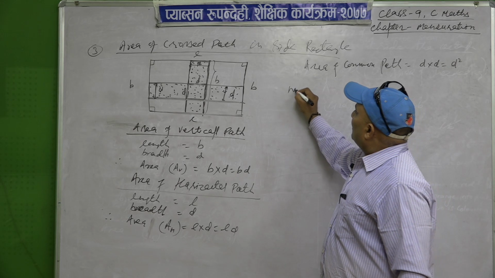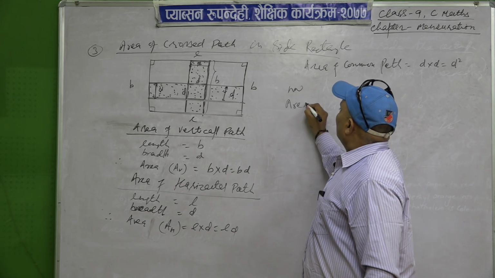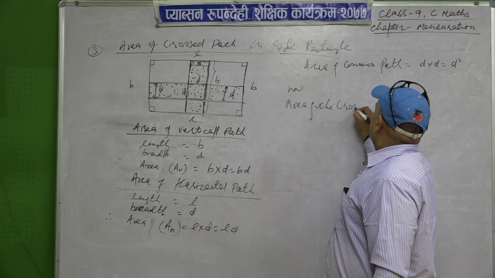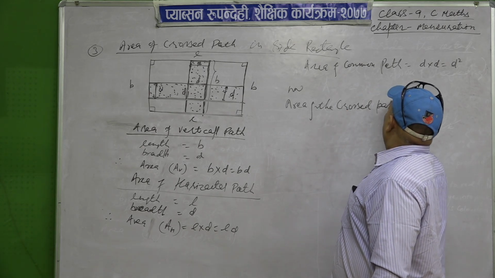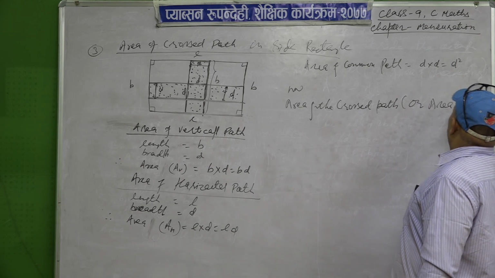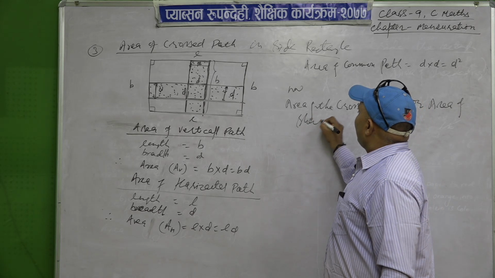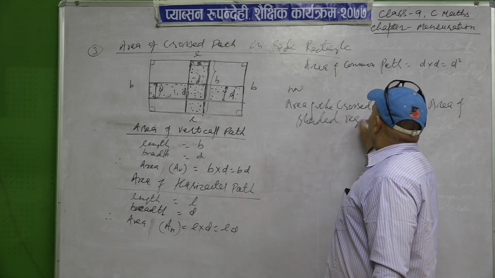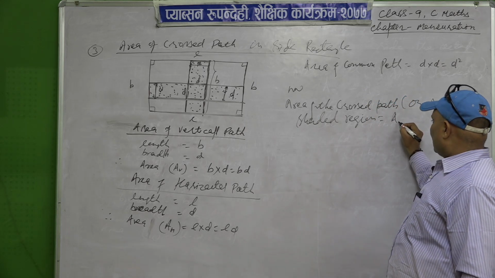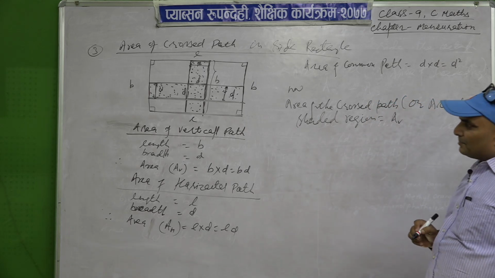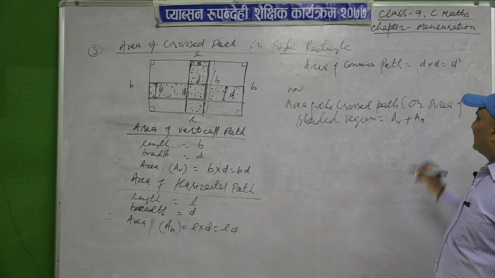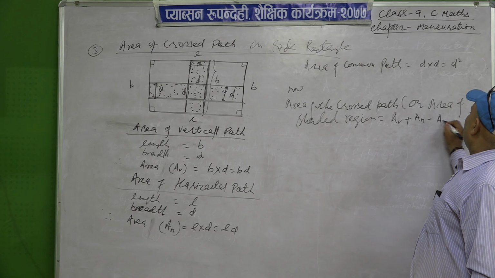Now the area of the cross path, or the area of the shaded region, is the area of vertical path plus area of horizontal path minus area of common region.